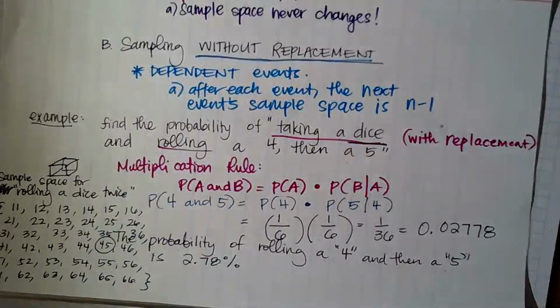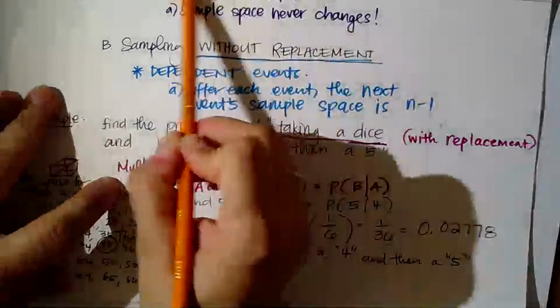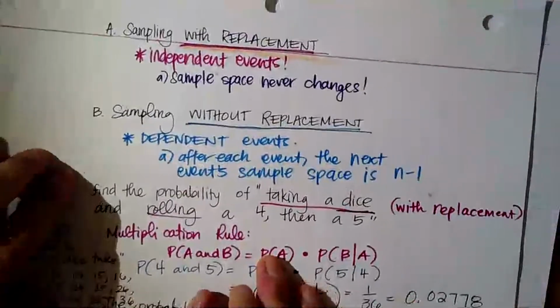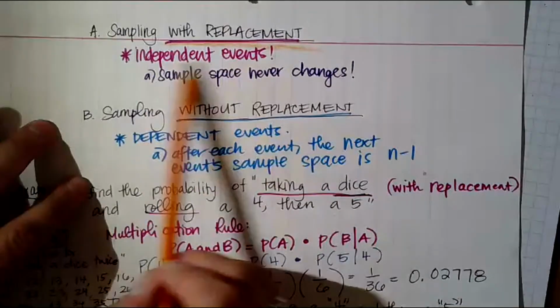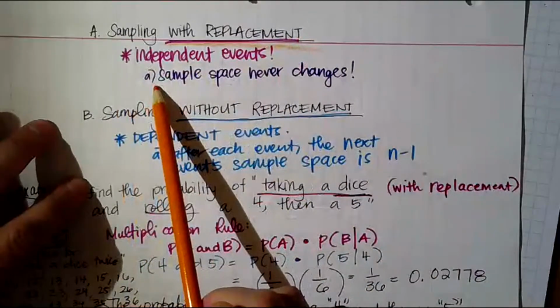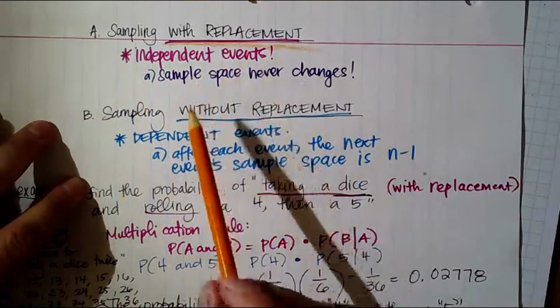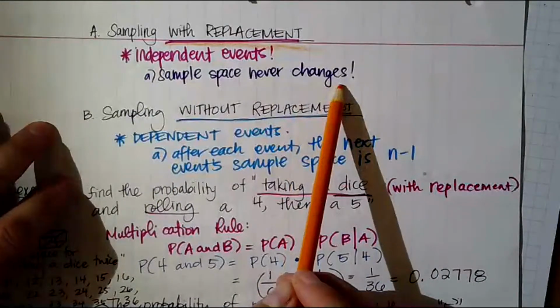So to recap, we recognize that when I have replacement, that means when I get to put the sock back into the drawer, these are independent events, which means the first and second trial have equal probability because my sample space never changes, okay?